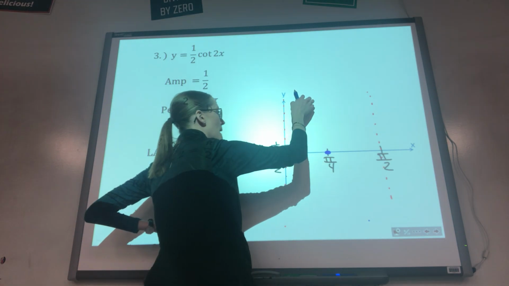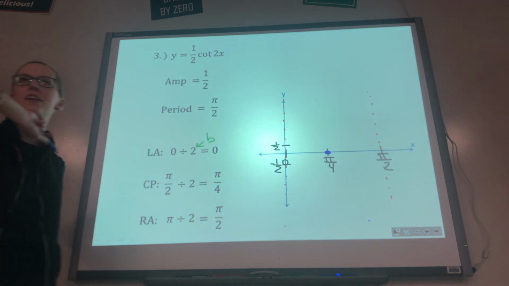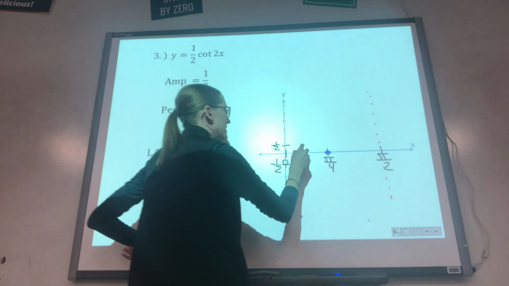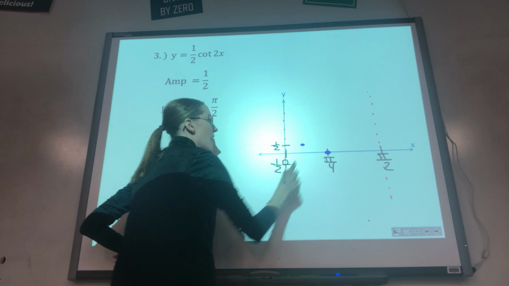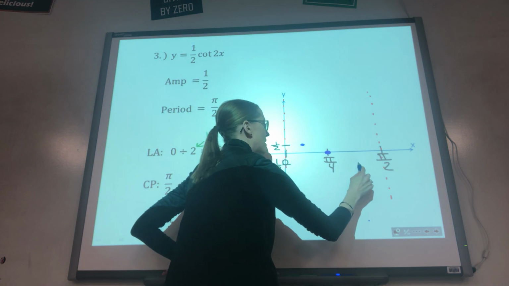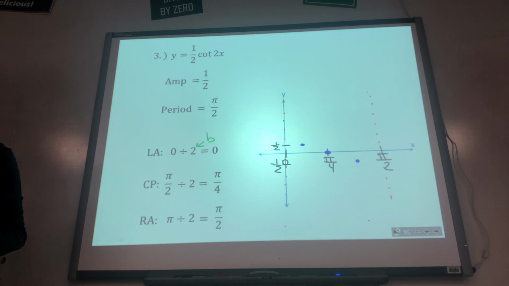Okie doke. This is cotangent. So starts up and goes down. Now the 1/2 is going to make kind of a vertical compression on this graph. When I go halfway between right there, I only go up to 1/2, and then halfway between right there, I only go down to -1/2.